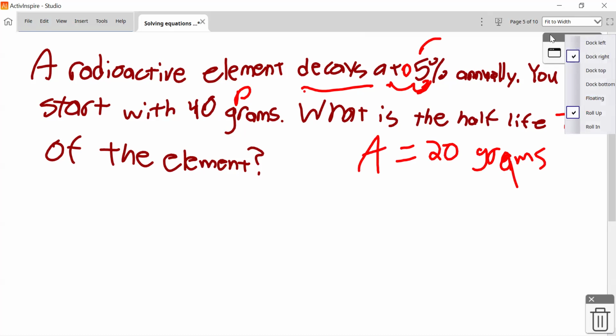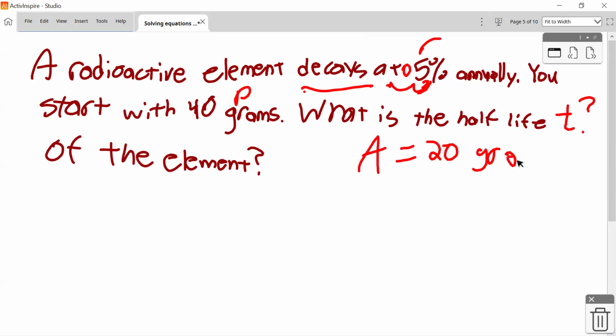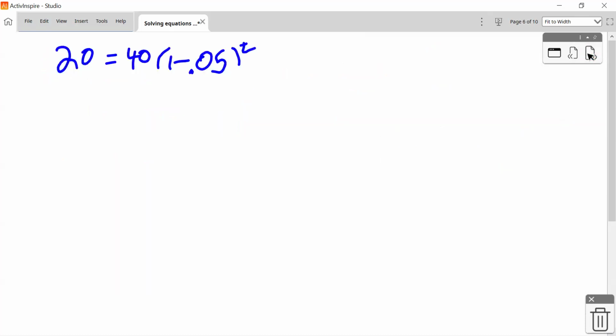There you go. So P is 40, A is 20, R is 0.05. What is T? All right, so here it is. 20 equals 40 times (1 minus 0.05) to the T power.